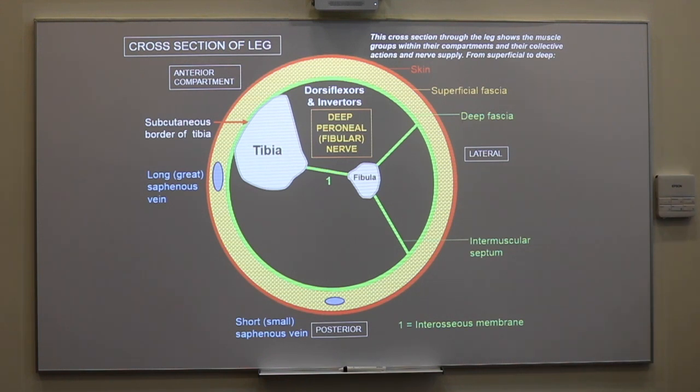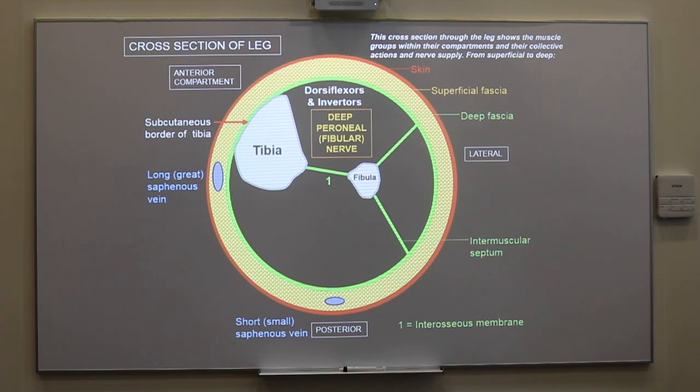The 3 deep muscles, or the 4 deep muscles, include popliteus, flexor hallucis longus, flexor digitorum longus, and tibialis posterior. And like tibialis anterior, tibialis posterior is also an inverter of the foot. The rest of them are plantar flexors of the ankle joint.